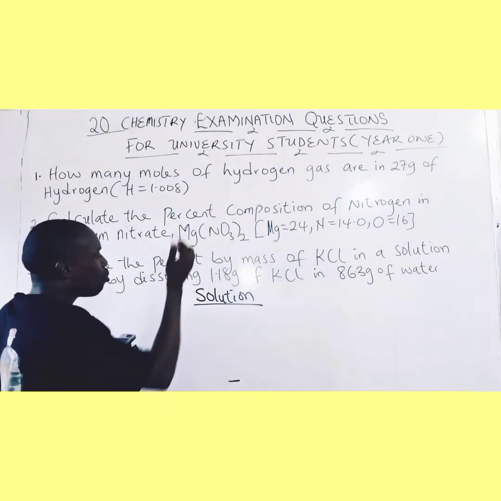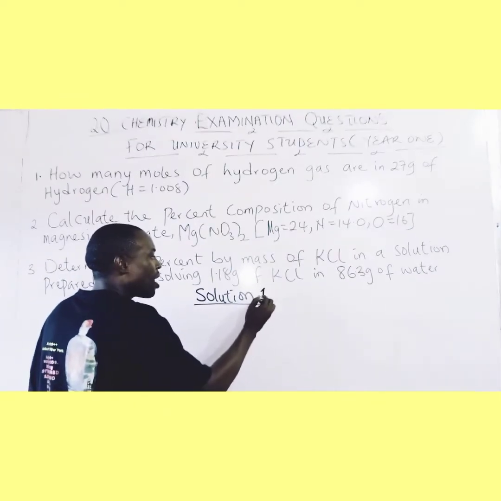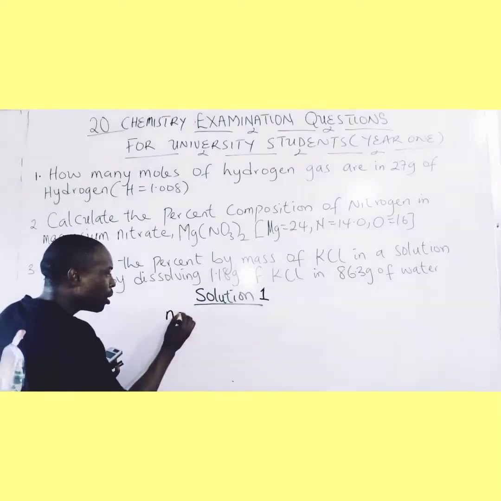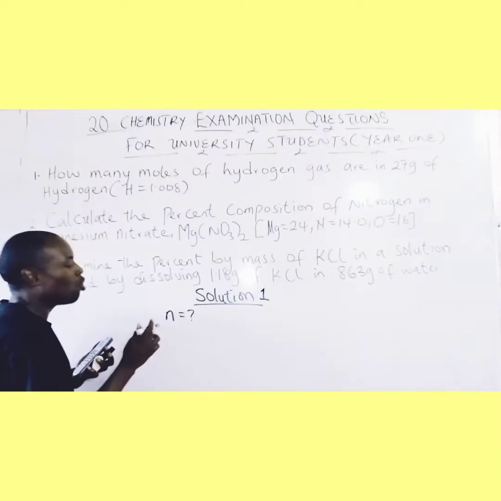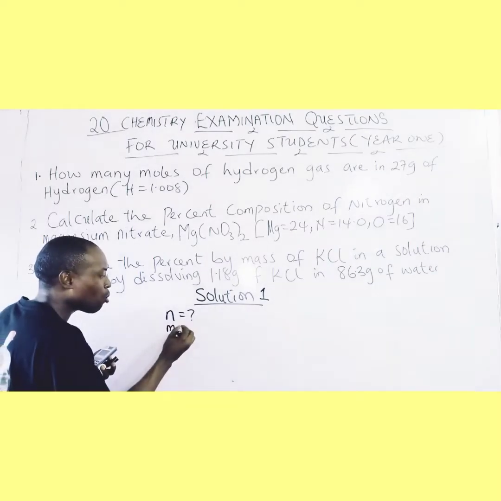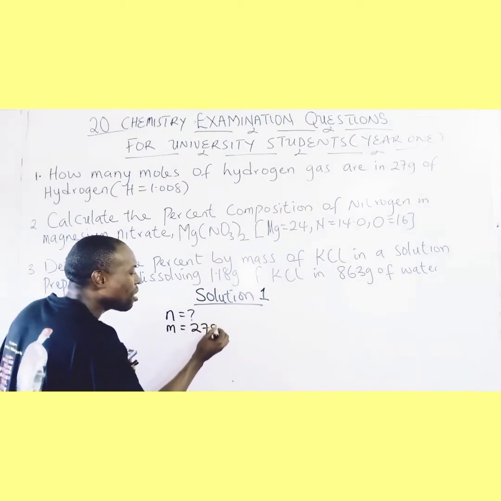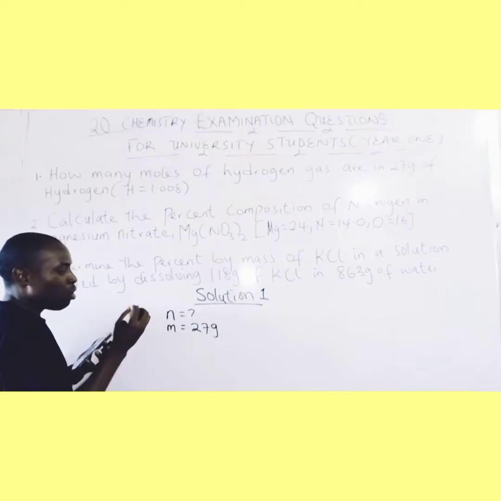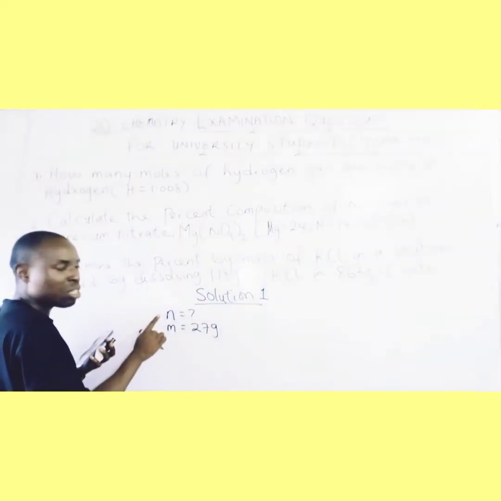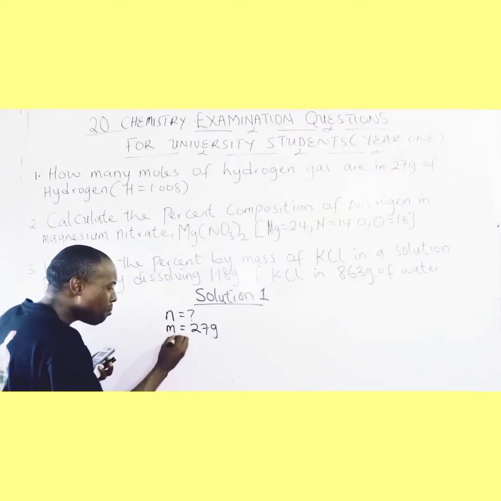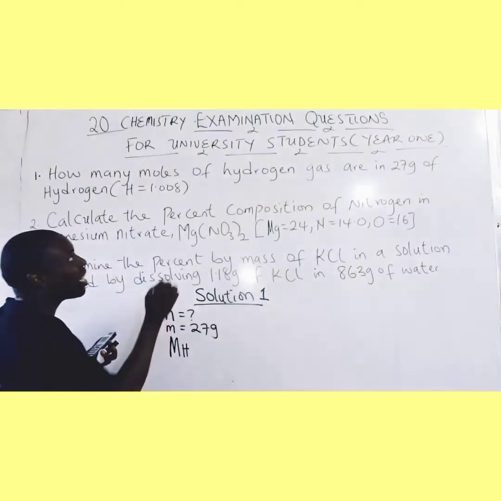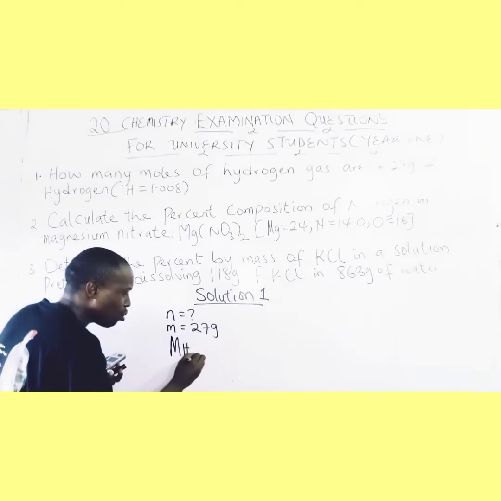How many moles means I am looking for the number of moles, and for hydrogen gas, the mass given is 27 grams. What connects number of moles and mass is the molar mass. So remember that hydrogen gas is H2.